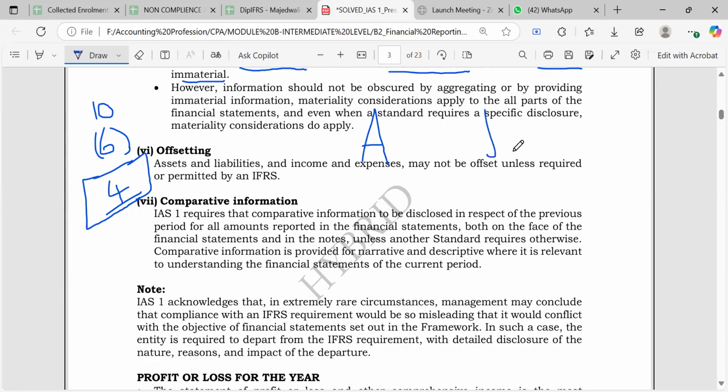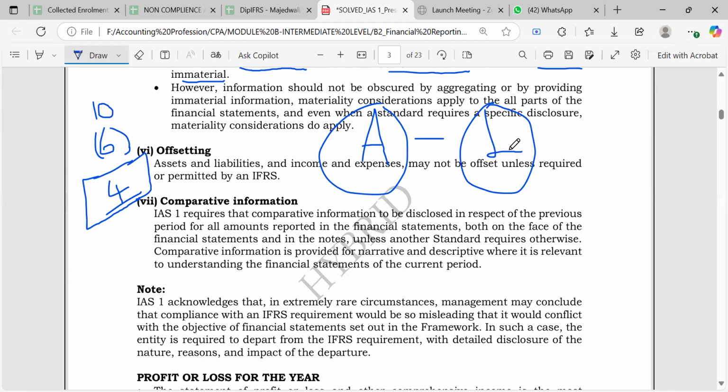So it also has a liability. So you can have a pension plan asset, but also a pension plan what? Liability. That standard specifically allows you to net these off. So you can take the net of assets and liabilities. If you have net assets, we present this as assets. If we have net liabilities, we present this as what?